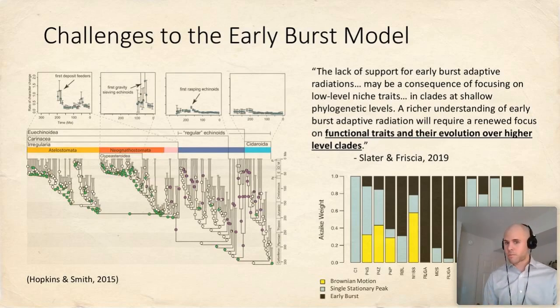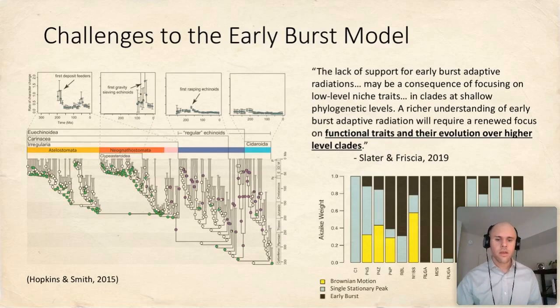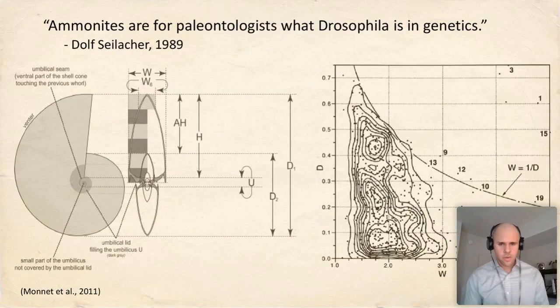And so they argue that perhaps these phylogenetic comparative methods are not finding evidence of early bursts because they're looking at the wrong traits, or perhaps they're looking at the wrong scale of evolution. They're looking at too small and too young of a clade. And so this is what we set out to test with ammonoids.